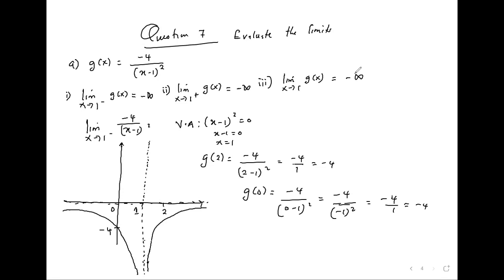Okay. Another one. So do C now. f of x is equal to x minus 1 over x squared minus 9 to the power 4.